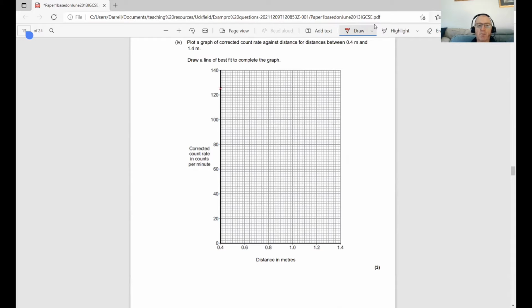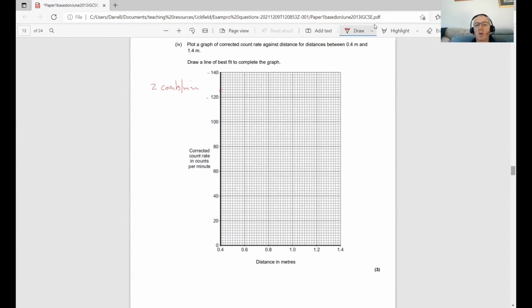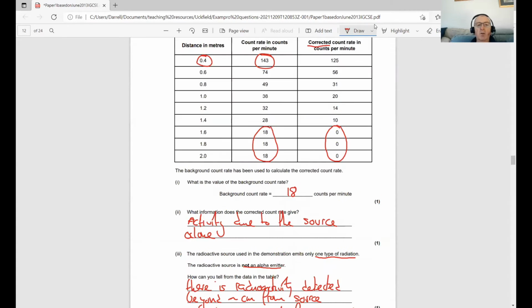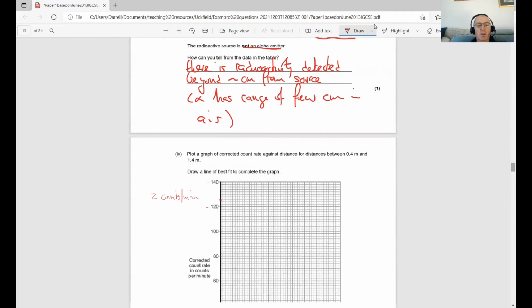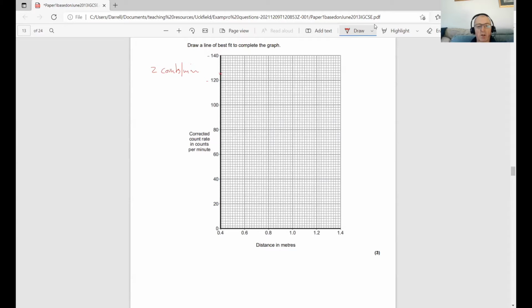Because we've got 10 squares to 20 counts per minute, each square would be 2 counts per minute. So we've got 20, 120, 122, 124, 125 would be there. If we then look at our second one, 0.6 and 56. So 0.6, 20, 40, 42, 44, 46, 48, 50, 52, 54, 56 is there.